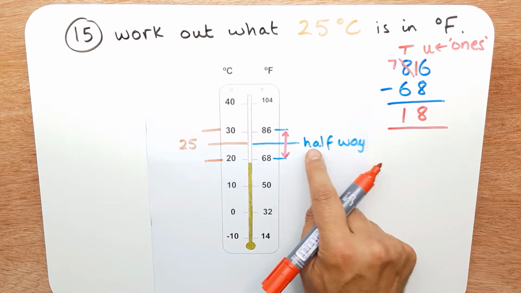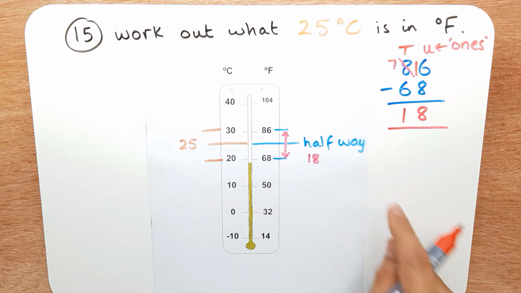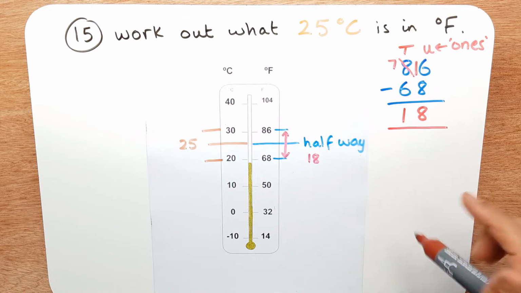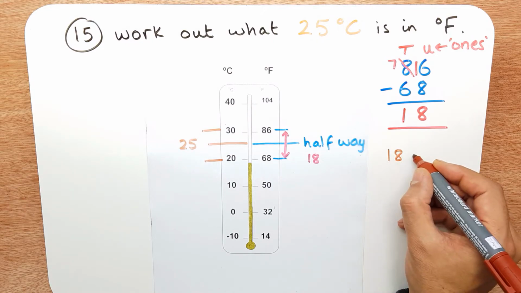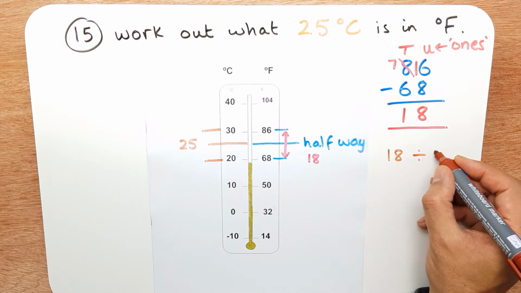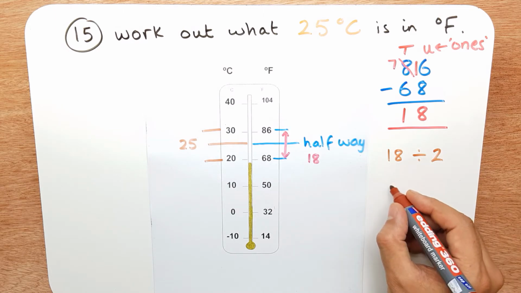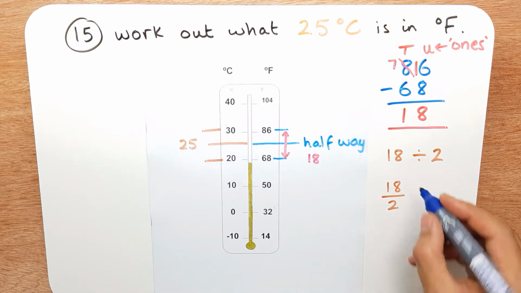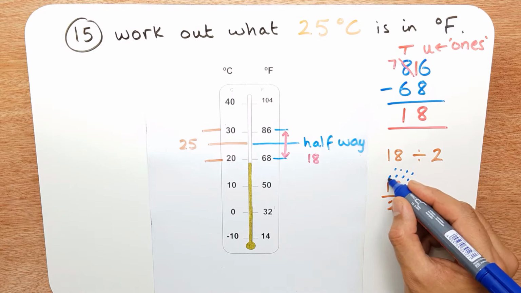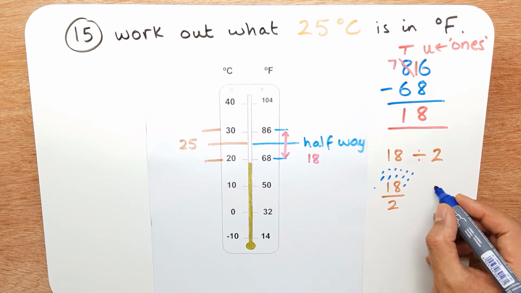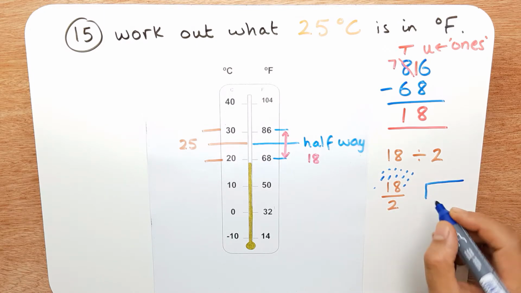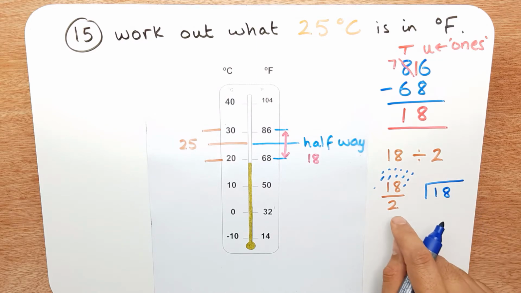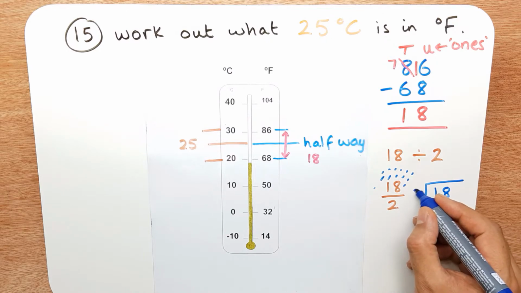And we only want to go halfway up. So the next step would be to divide the 18 by 2. 18 divided by, or shared by, 2. I like to write it like this. 18 divided by 2. It's raining, so I do the bus shelter. I put the 18 inside so it can stay dry, and I have to put the 2 outside.